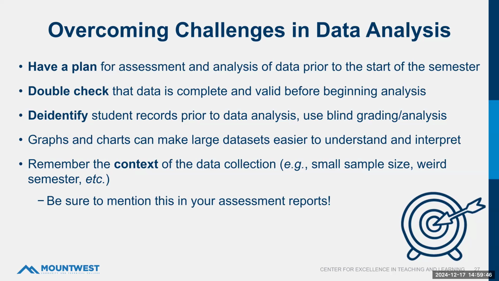Remember the context of your course assessment, things like small class sizes. You've probably had a weird group of students that just did weird stuff that you didn't expect. These things are important and you should put them in your assessment reports.